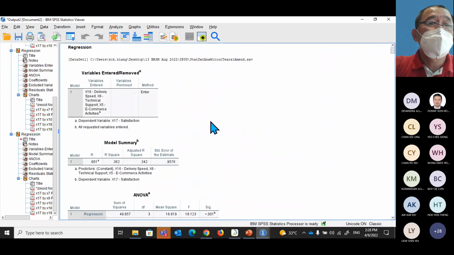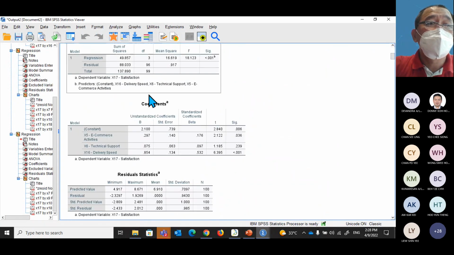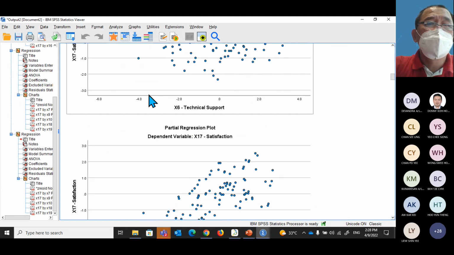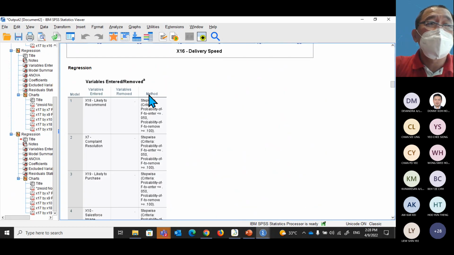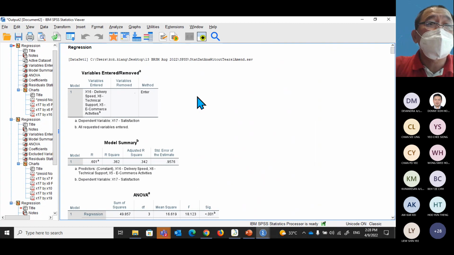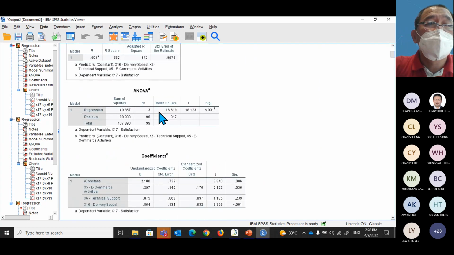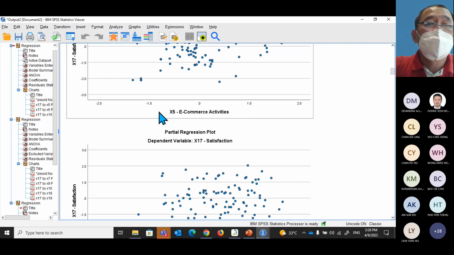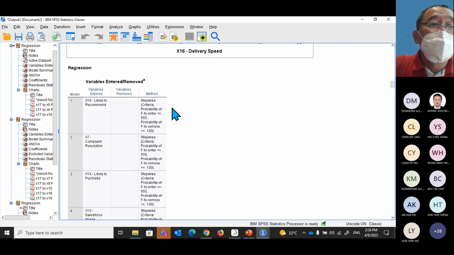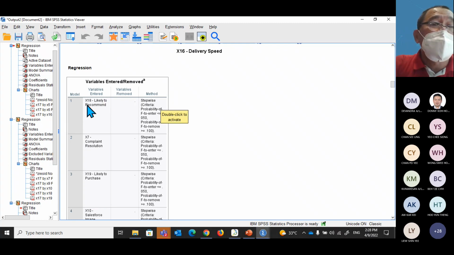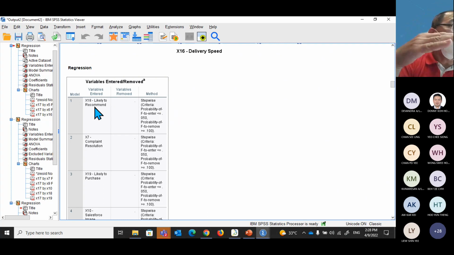Suppose this is stepwise. It's correct here. So you see, they include one variable each time and get many models.